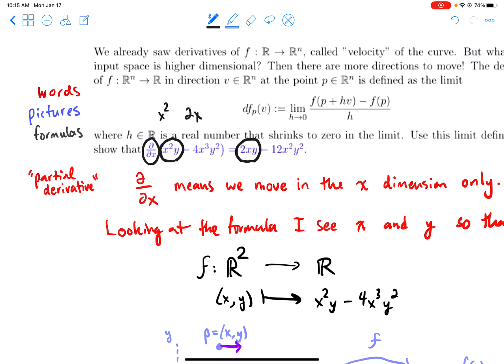Pause and just see what I'm talking about. I'm just applying single variable calculus, pretending that y is not a variable, it's just a fixed number. And if x is my variable, x squared becomes 2x.